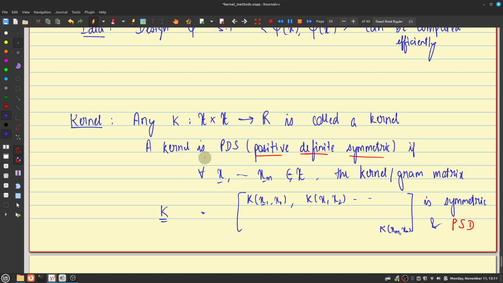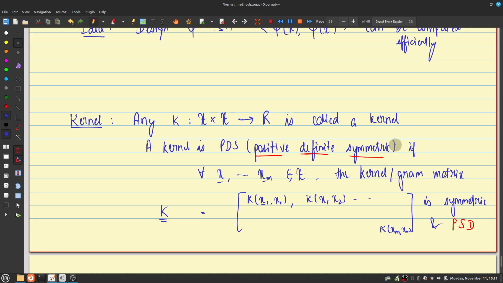According to certain references, a PDS kernel is simply called a kernel, which means that for a function from x cross x to R to be called a kernel, the gram matrix should always be symmetric PSD. In this course, we'll refer to these as PDS kernels, just to be explicit. Sometimes we'll just refer to them as kernels, but throughout the discussion, we're only going to talk about PDS kernels.